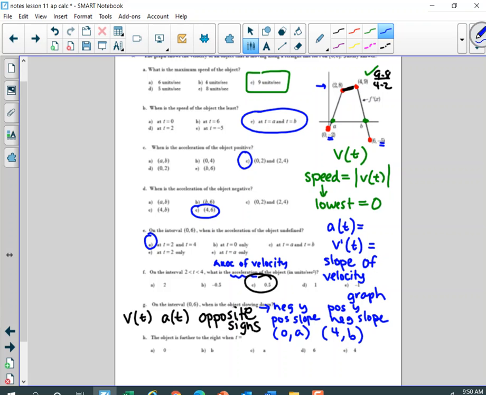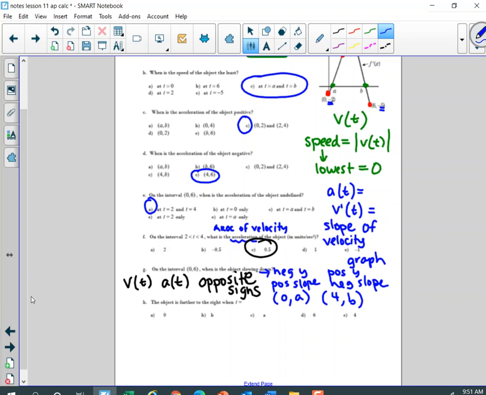Positive velocities and negative accelerations, 4 to B. Negative velocities, but positive accelerations, 0 to A. I don't want things about the graph going here or going there. Graphs don't do things, they just sit there and look at us. The graph gives us information about what the velocity and acceleration values are doing, and that's what we're going to talk about.